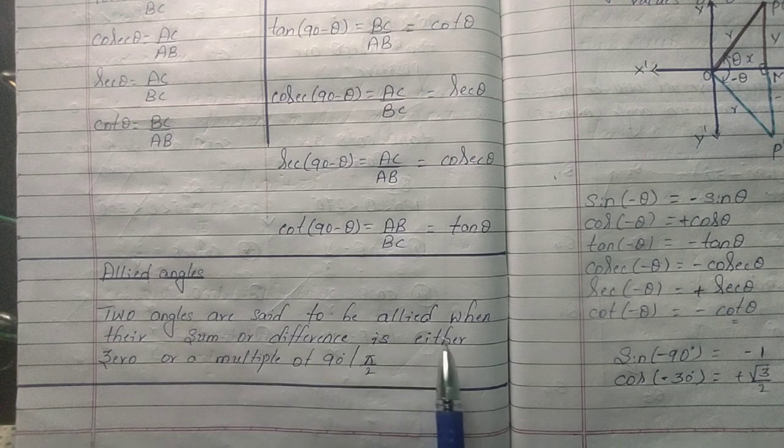Two angles are said to be allied when their sum or difference is either 0 or a multiple of 90.